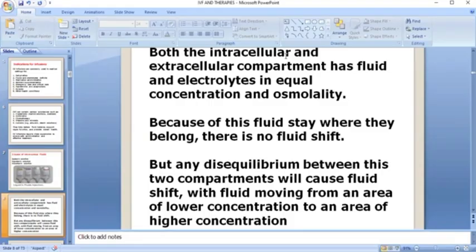But when there is a problem, disequilibrium due to disease conditions, dehydration, shock, or hemorrhage, this will cause the fluids and the electrolytes to do what? To shift. And they normally shift from where? From an area of lower concentration to an area of higher concentration. As a result of that, there will be need for intravenous infusion.